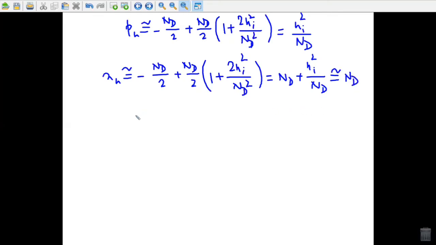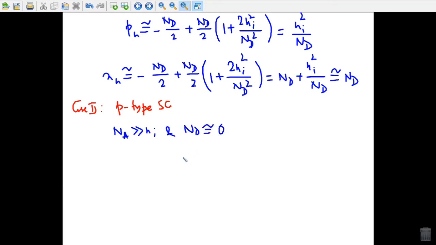And similarly for the p-type semiconductors, these two approximations happen. For case 2, for p-type semiconductor, one approximation is that Na is far greater than Ni and Nd is nearly equal to 0.